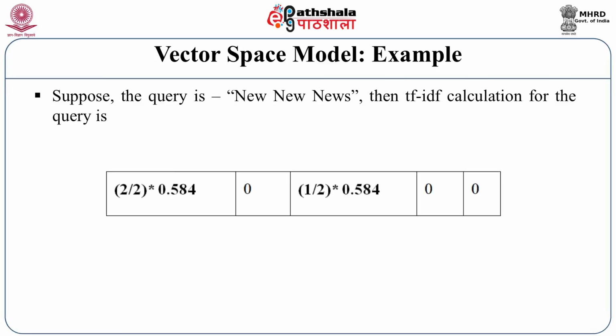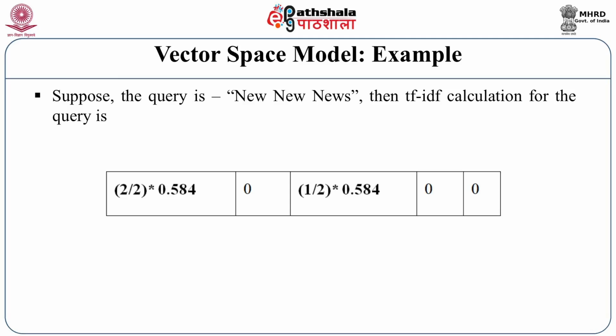Okay, so now I am calculating the TF-IDF value for the query. Now if I see the matrix, the term "new" has occurred twice in document 1 and document 2. So the corresponding value of "new" for the query will be 0.084.